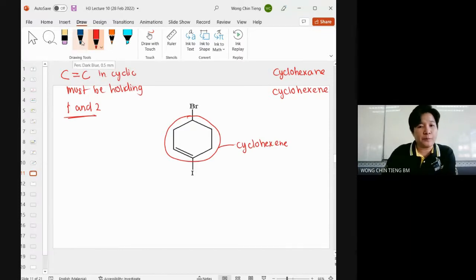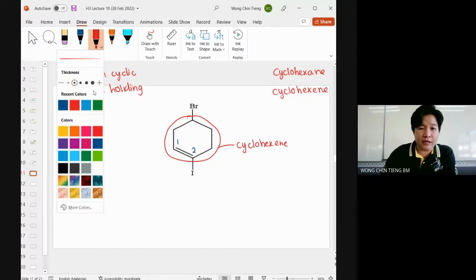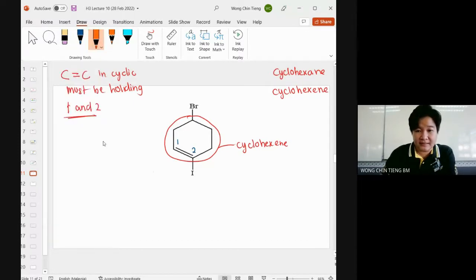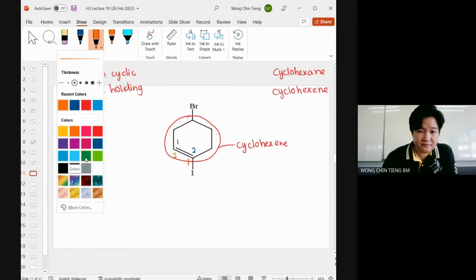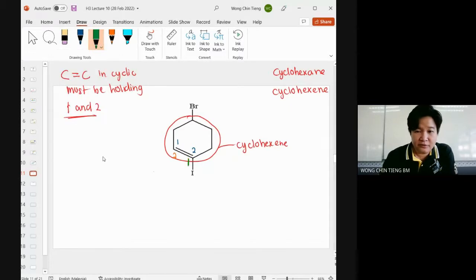So ada dua pilihan 1, 2 saya sekarang. 1, 2 ataupun saya boleh pegang 1, 2 like this. So soalan saya, warna biru atau warna hijau? Anyone?